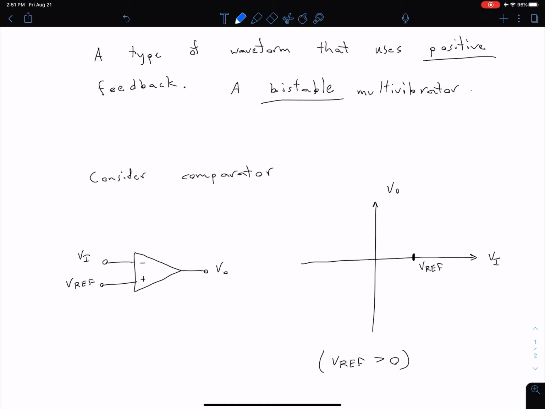So instead, the op-amp is going to go into saturation. We'll call the high level up here VH, for V high. Similarly, we're going to have a level down here, VL.